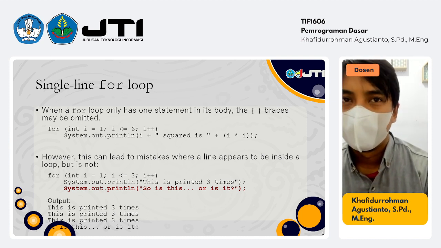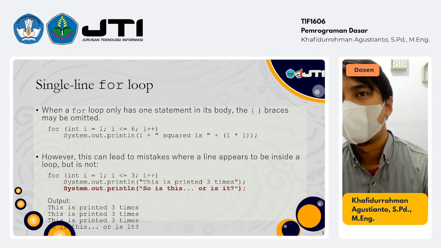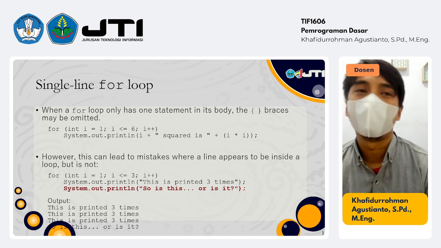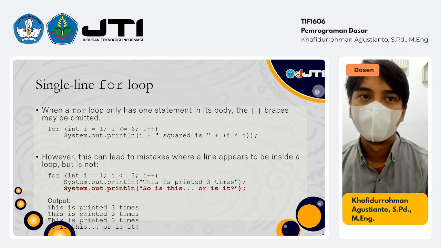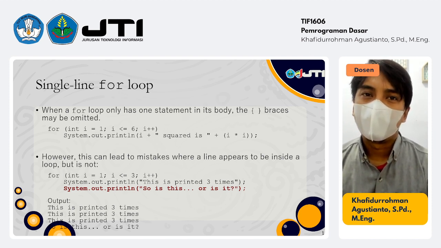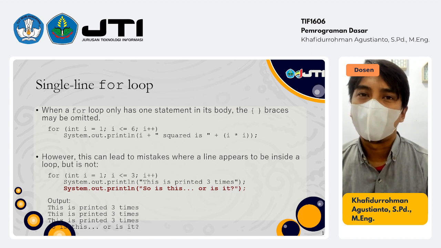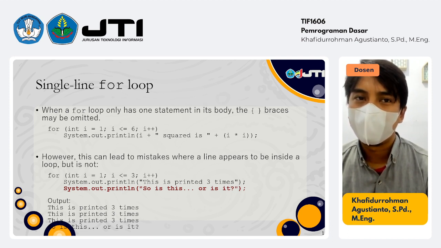However, this can lead to mistakes where a line appears to be inside a loop but is not. For (int i = 1; i <= 3; i++) System.out.println("This is printed 3 times"); System.out.println("So is this, or is it?")